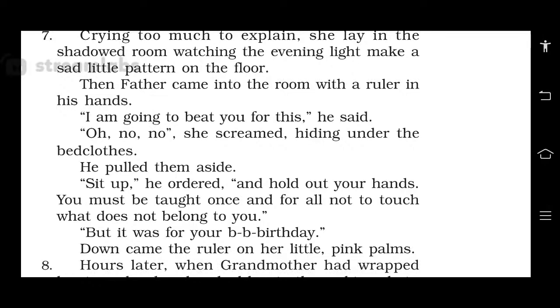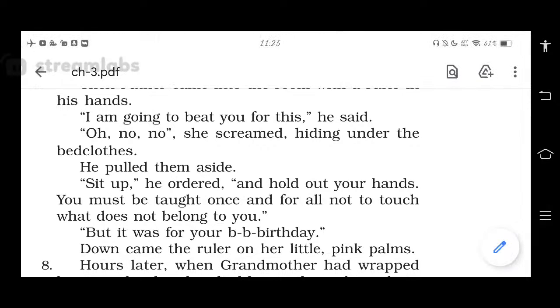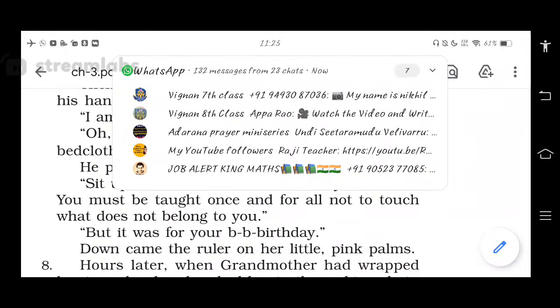When she was told like that by her father, she tried to hide herself again. Right?